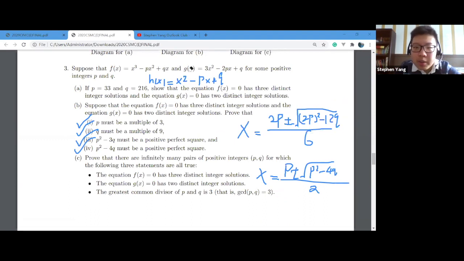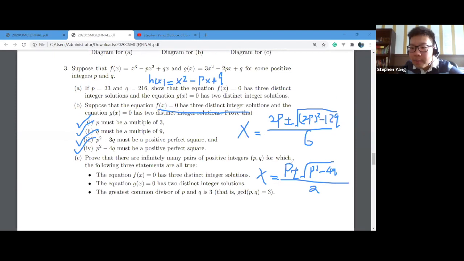Okay, so if we want f to have 3 distinct integer solutions, that means h has 2 roots. So in here, even if this is a perfect square, if the top is an odd number, that does not satisfy.